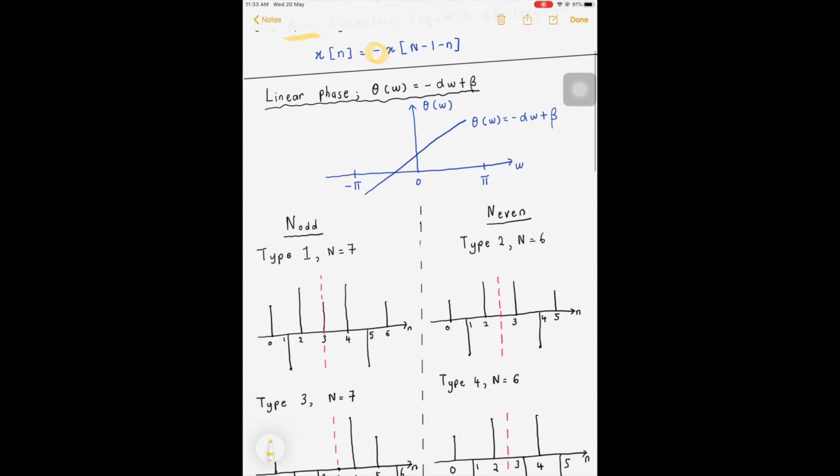Now we move to linear phase. Basically, this is the equation, and you can see the illustration of linear phase. Under linear phase, we have two types of length: one is odd length, another one is even length.